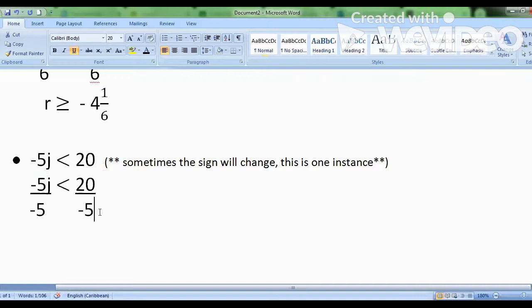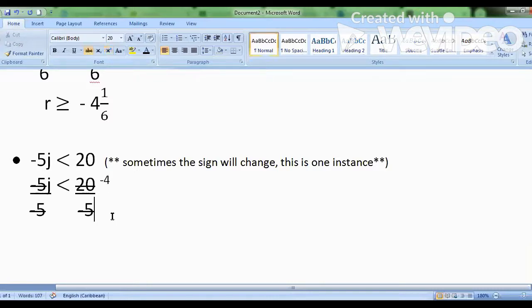So we know that -5 divided by -5, that will cancel out, not true? I know that -5 into -5 equals 1. And we know that this will give us -4. That will give us -4. Not true?